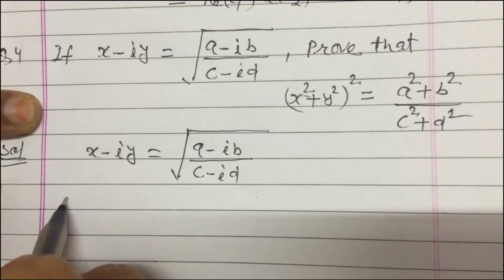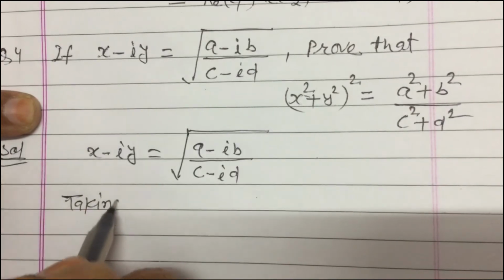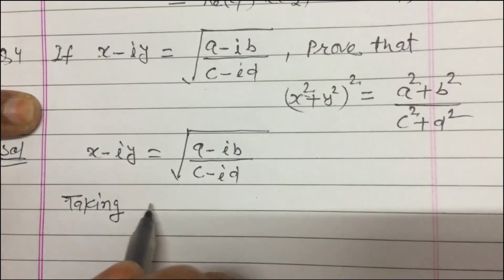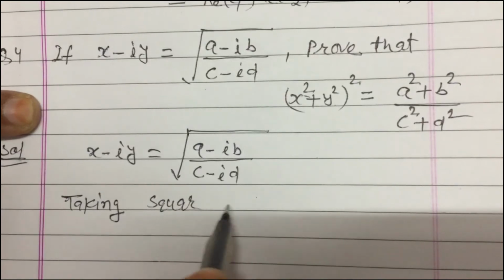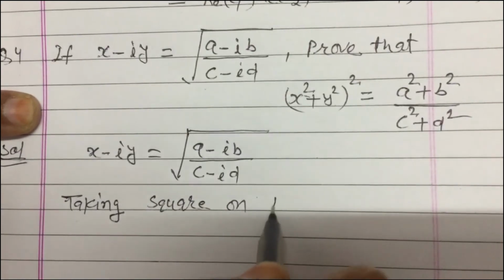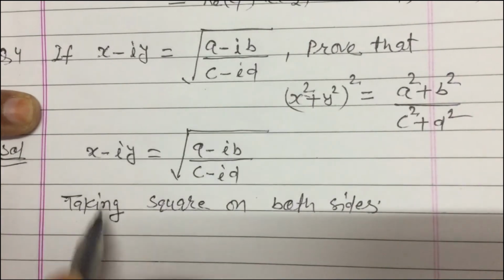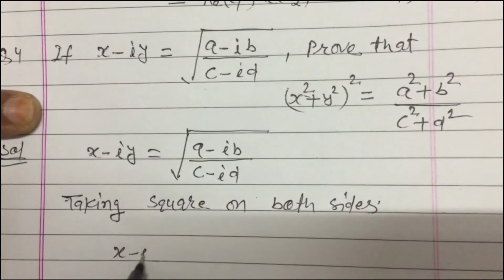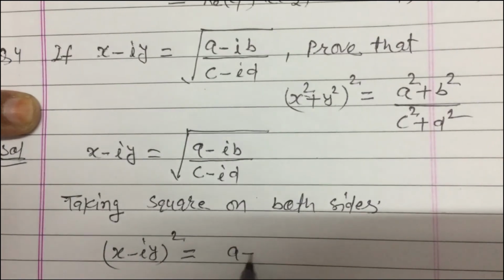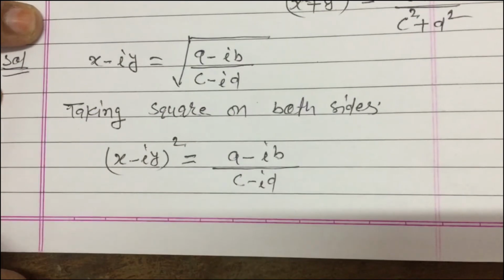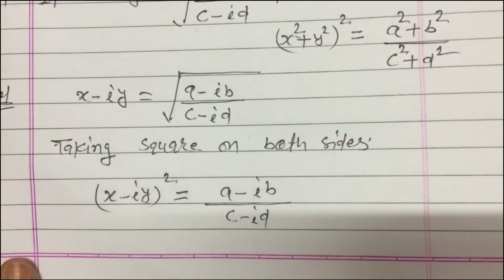So taking square on both sides, you will get x minus iy whole square equal to a minus ib by c minus id. And now take the modulus.